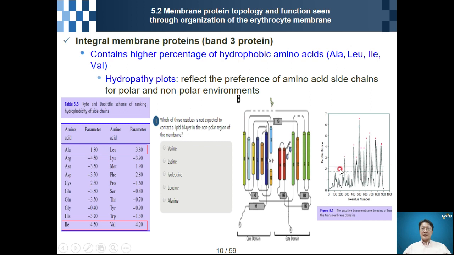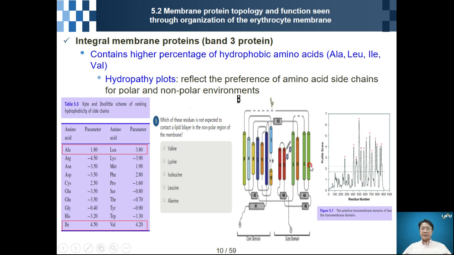If you see a higher value, it means that there is a transmembrane domain. If there is a peak like this, it means there is a transmembrane domain, and another transmembrane domain, and another.